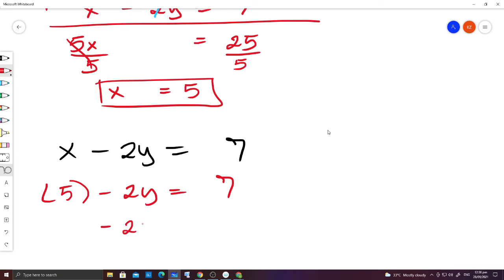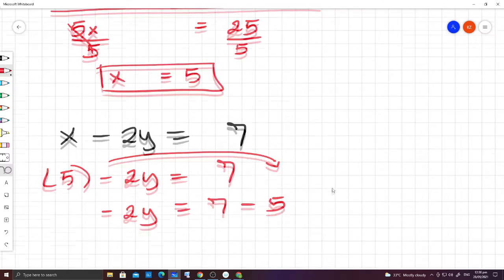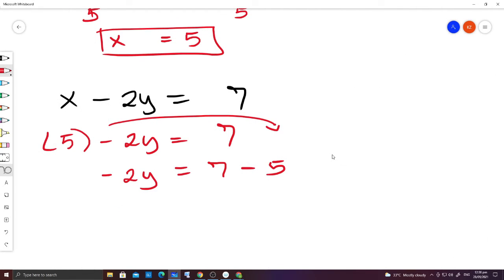And then negative 2y equals 7 minus 5. Okay, so negative 2y equals 2. Then divide by negative 2, both sides. So y is equal to negative 1.